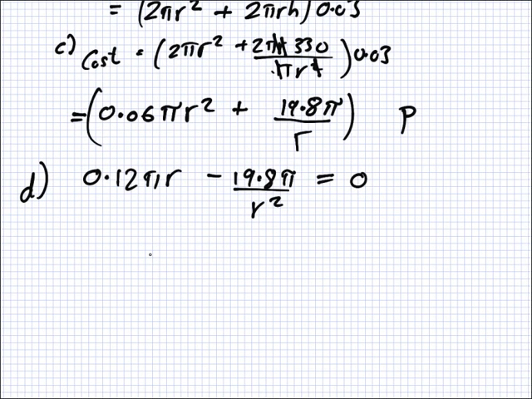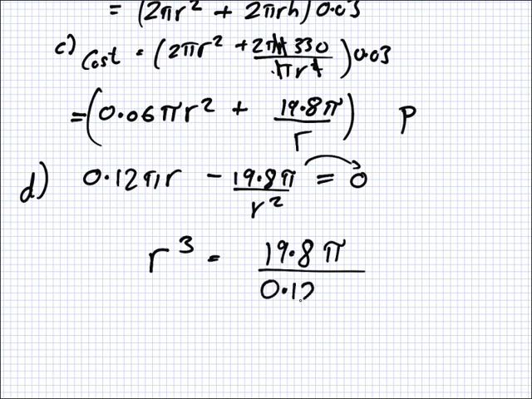So if you rearrange that, you get r cubed. Bring that over to the other side, 19.8 pi over 0.12 pi. The pi's cancel, and then we can cube root.